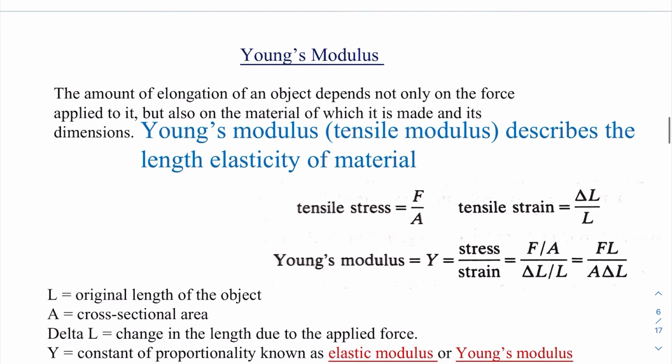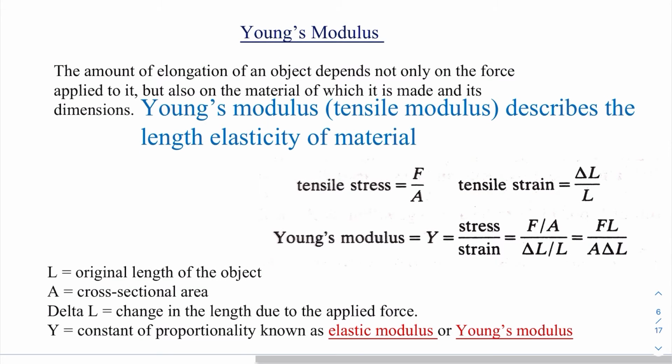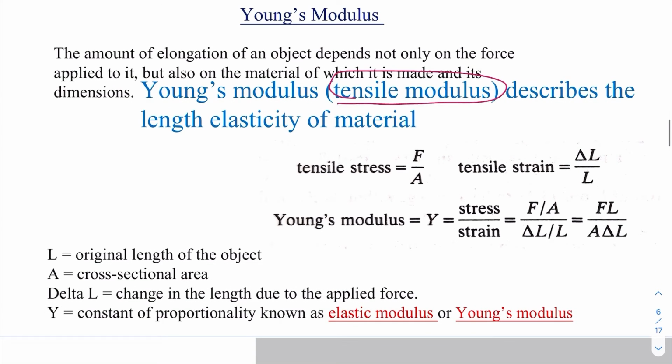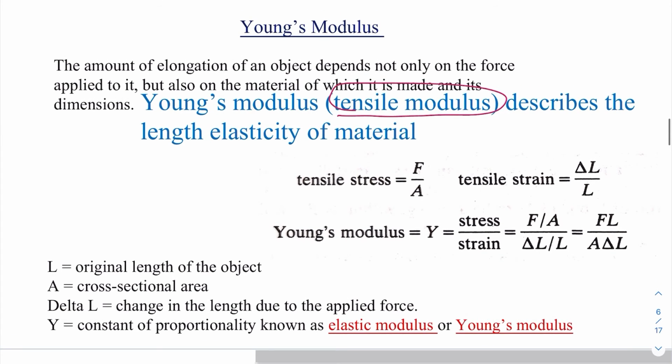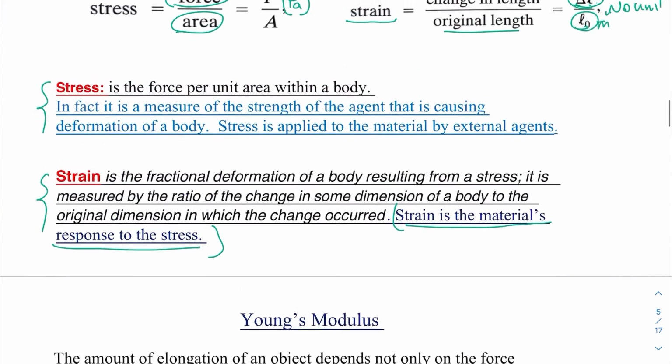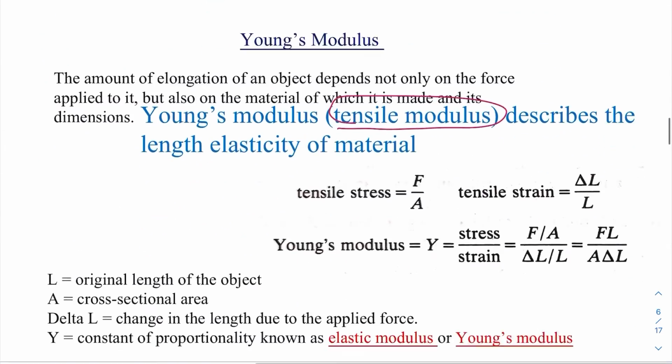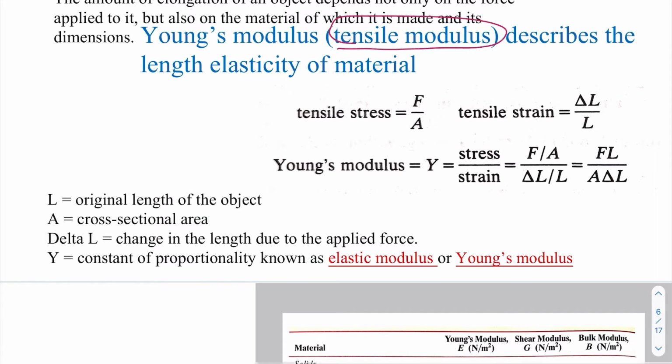And now Young's modulus. Young's modulus is also known as tensile modulus. It describes the length elasticity of a material. We described stress and strain in a general form, but in this context, they are known as tensile stress and tensile strain because Young's modulus is about length elasticity of a material.